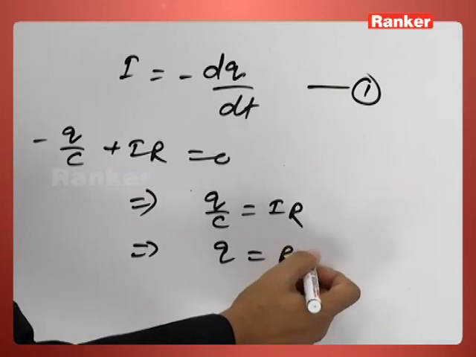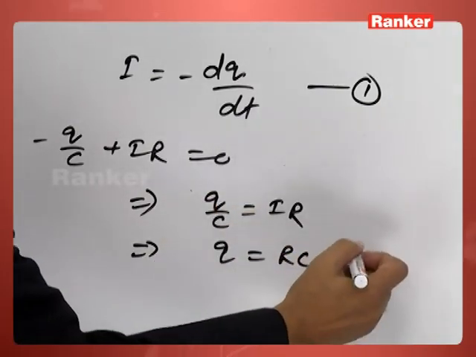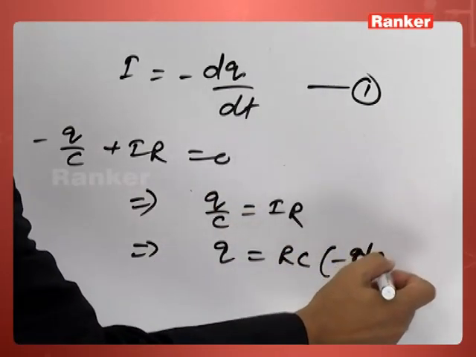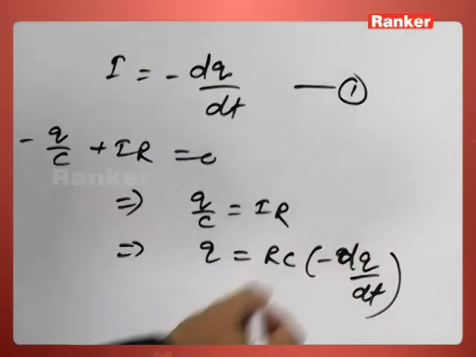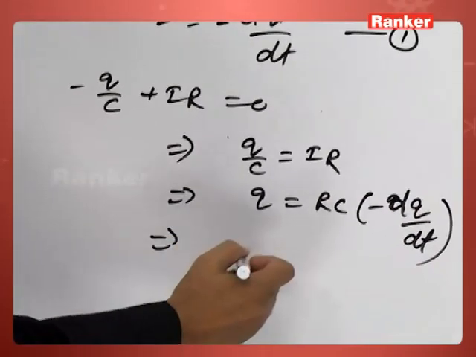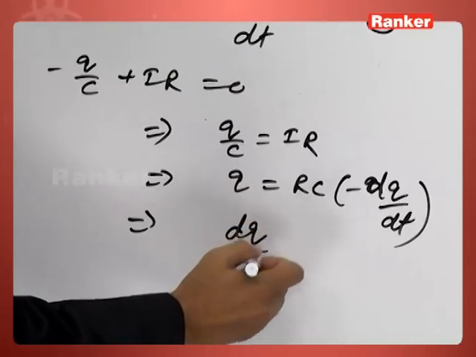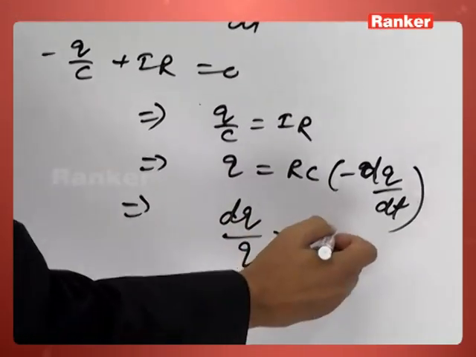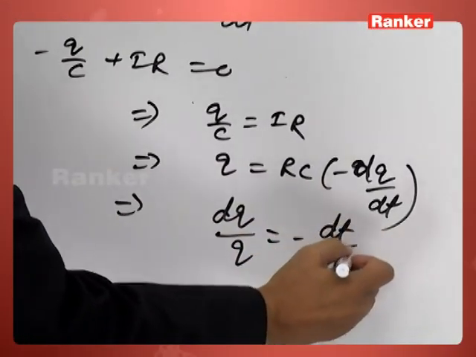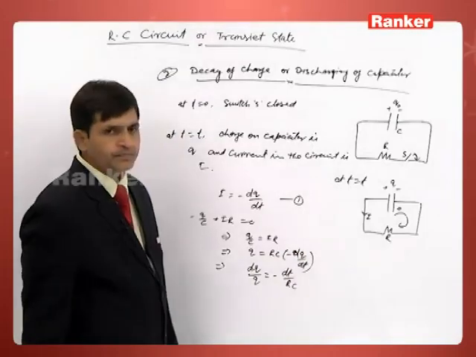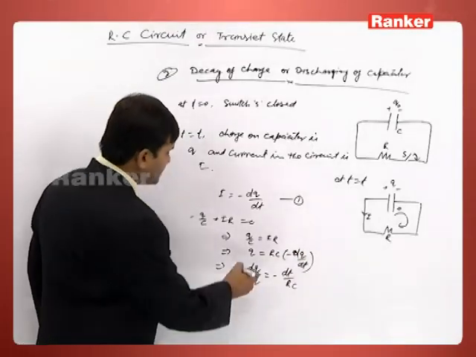So q is equal to RC times minus dq by dt. Then this can be written as dq by q is equal to minus dt by RC, and we can simplify.